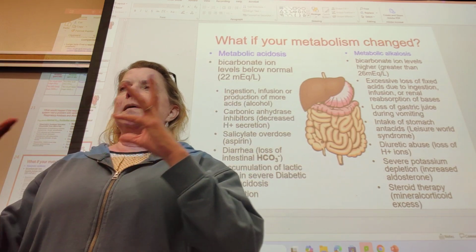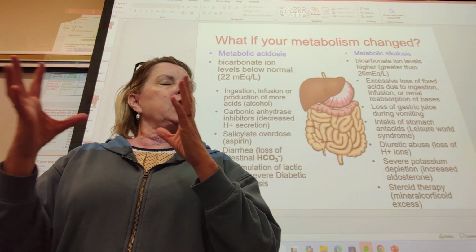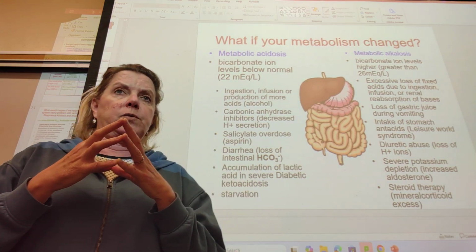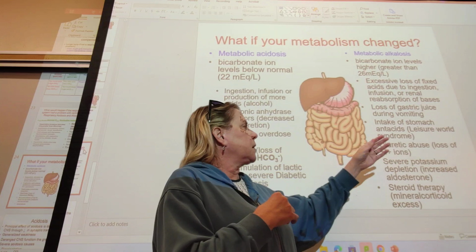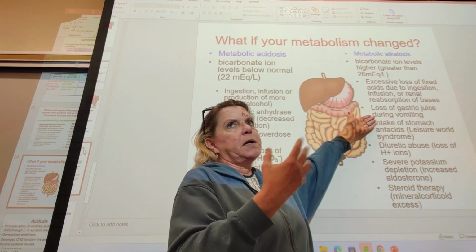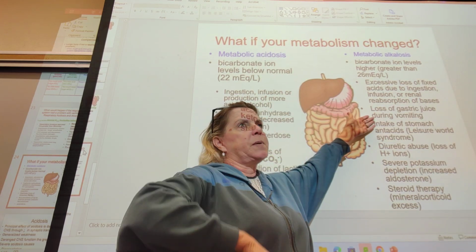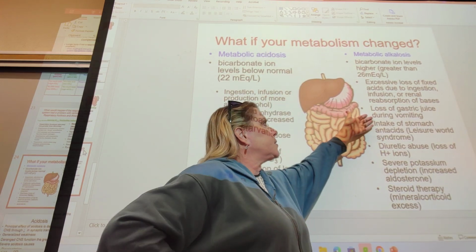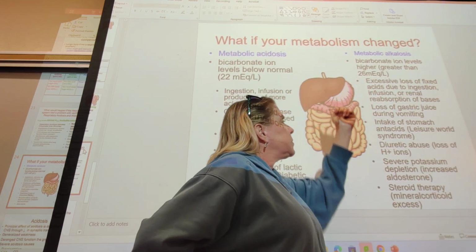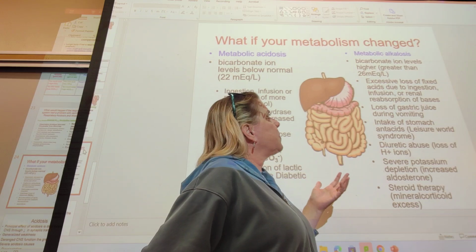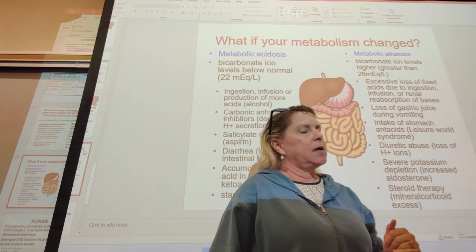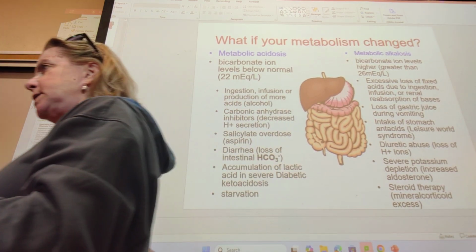But the potassium and acid-base issues are not necessarily linked when it comes to respiratory issues. Antacids, vomiting, you're losing too much hydrochloric acid. What remains behind? Bicarbonate, that's your base. You have excessive loss of acids because you've ingested something, or excessive loss of acids, and that could be suggestive of a kidney problem.